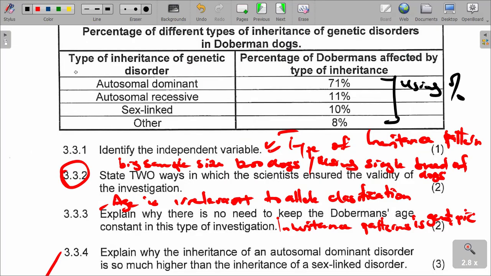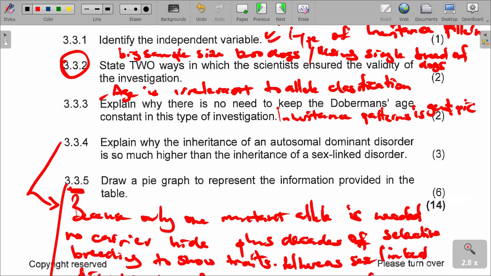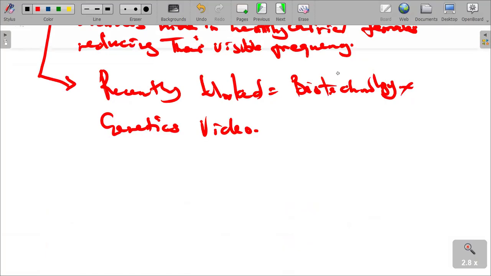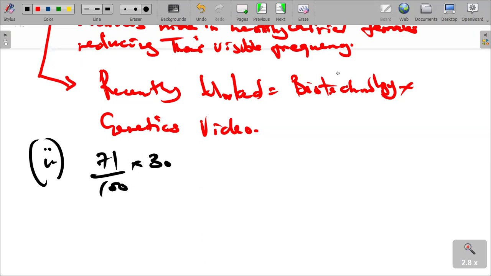Or secondly, you can draw it by converting the percentages into degrees.